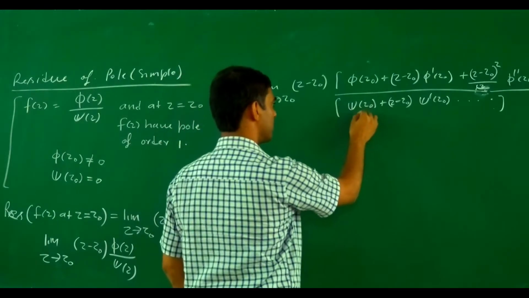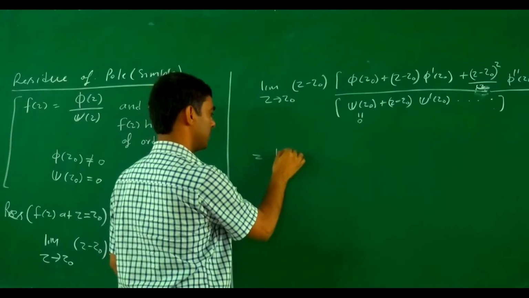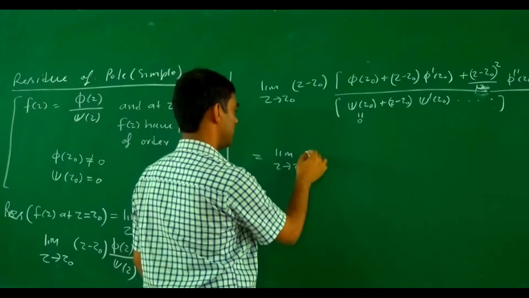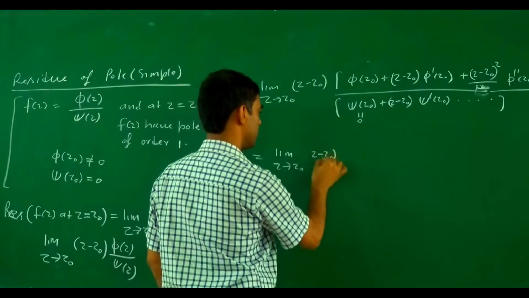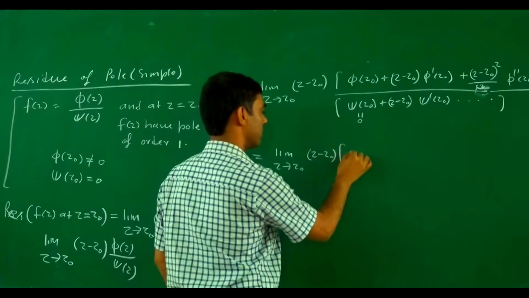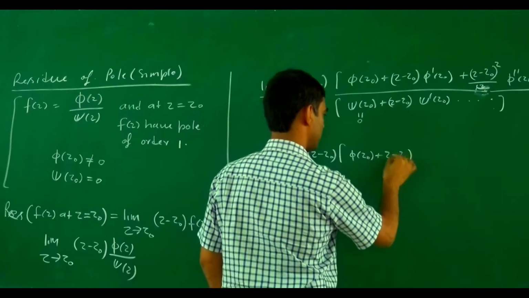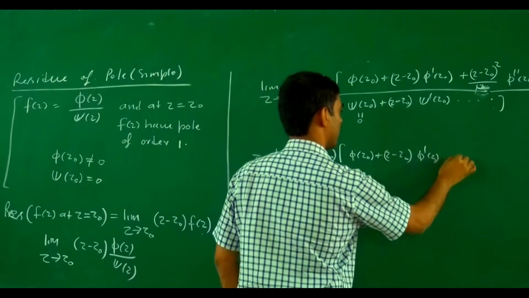So this becomes the limit as z tends to z0 of (z minus z0) outside, and inside phi(z0) plus (z minus z0) phi dash(z0), and so on.